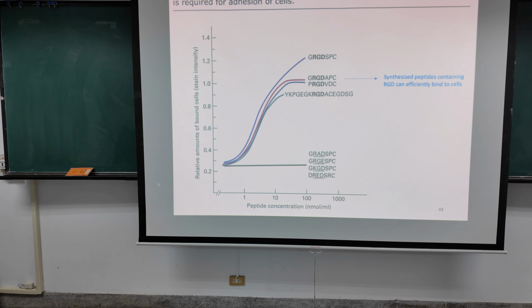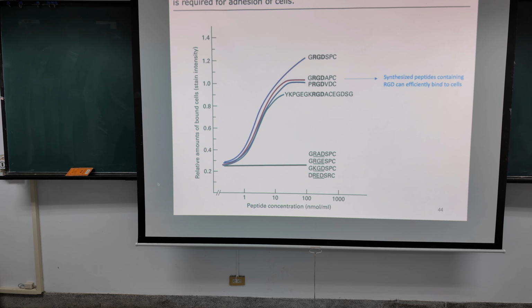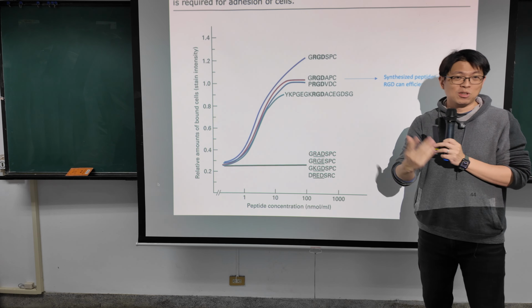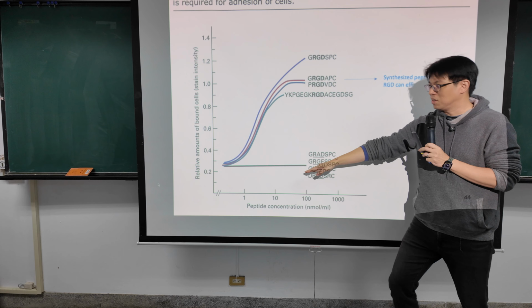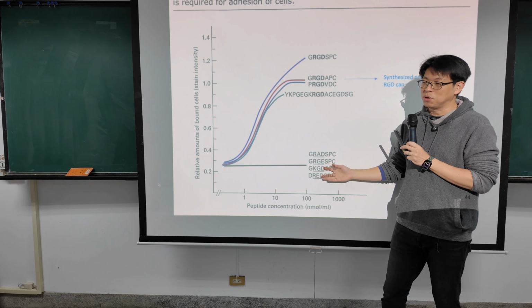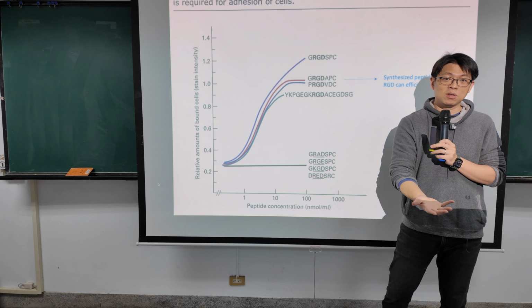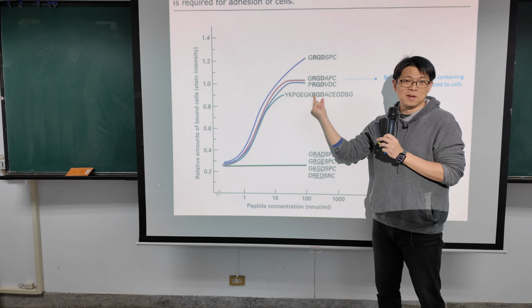You found that only polypeptides with RGD can help cells adhere on the culture dish. Even if you have R, a G, and a D, but not RGD, it doesn't work. Even if you increase the concentration of those polypeptides, the cells still cannot adhere on your culture dish. So RGD is really important.